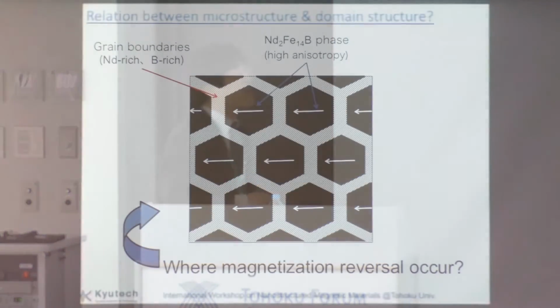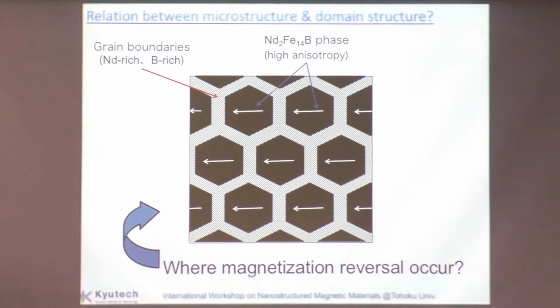So next, we can observe the magnetic domain structure, but it is important where magnetization reversal occurred. This figure shows the microstructure of the magnet. The relation between the microstructure and the domain structure is very important.